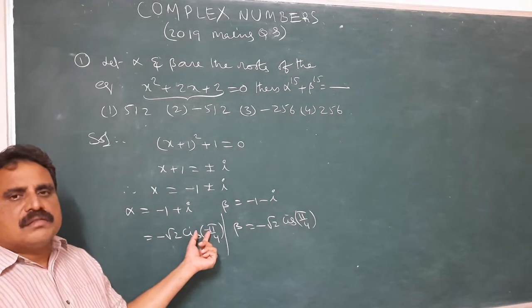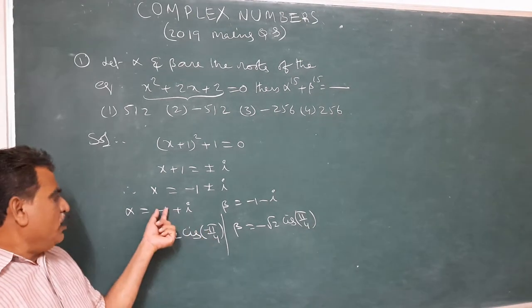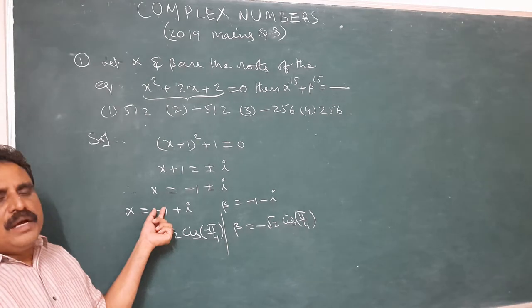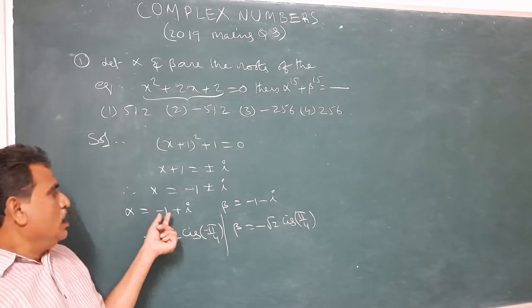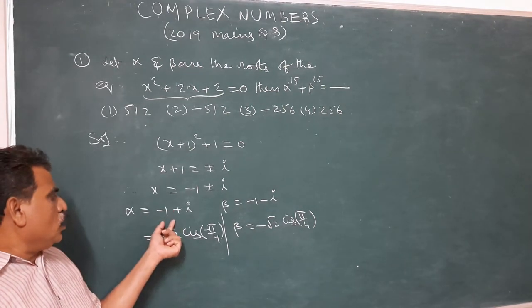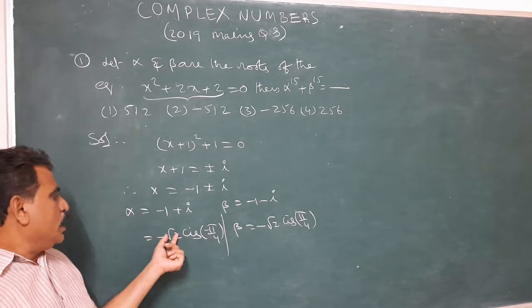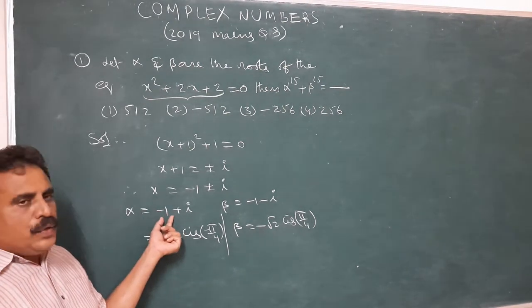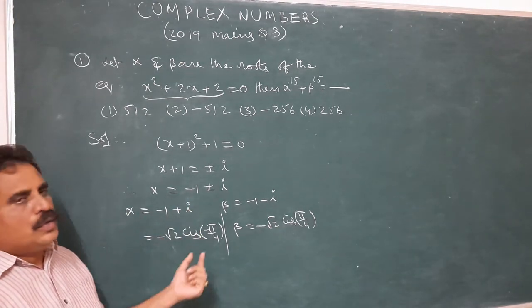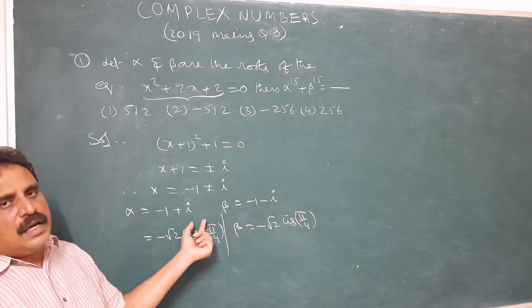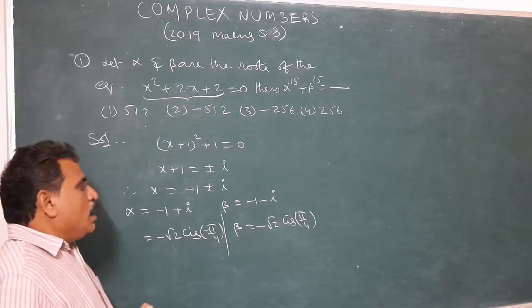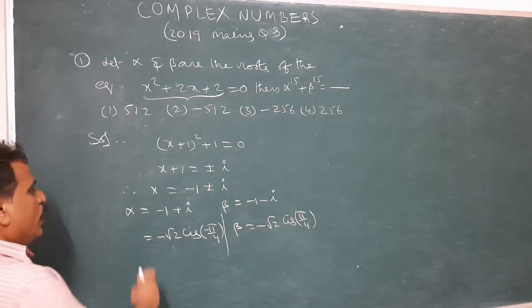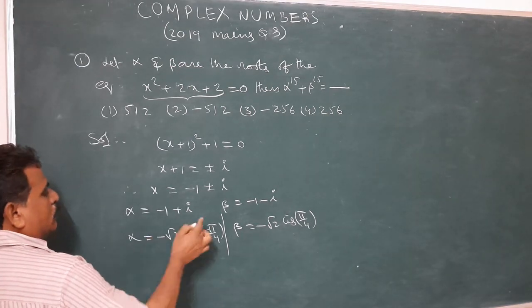Whenever you take common minus, that becomes 1 minus i. To change into the mod amplitude form, divide with root 2 and multiply with root 2. Taking common minus root 2, 1 by root 2 minus 1 by root 2 i: cos pi by 4 plus i sin minus pi by 4, cos minus pi by 4. So the mod amplitude form is this. Alpha equal to this and beta equal to that.